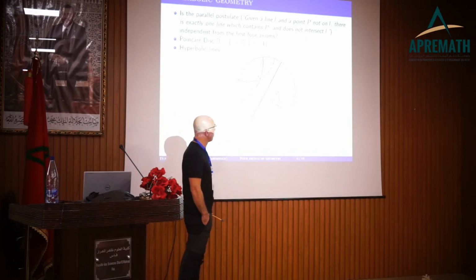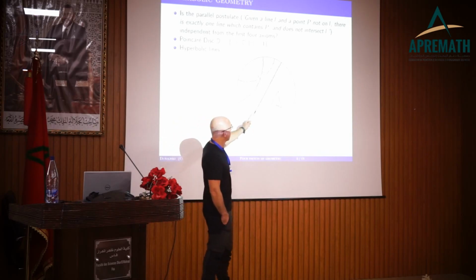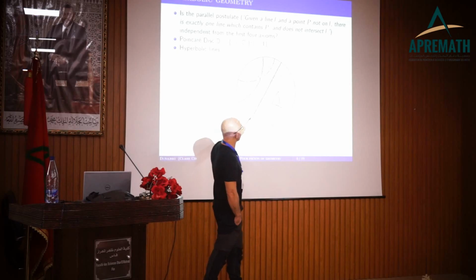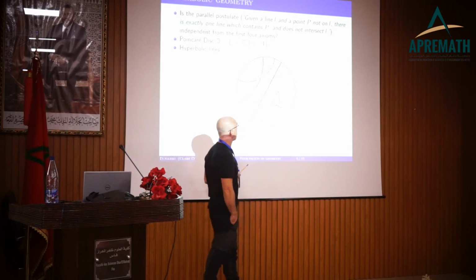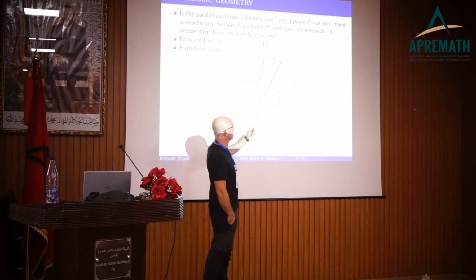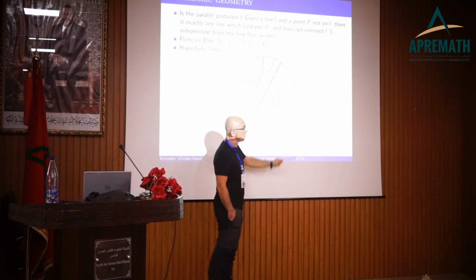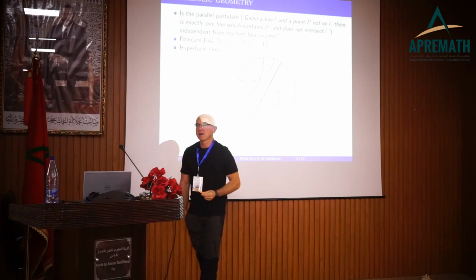If the 2 points we want to connect are on a diameter of the disk, then the hyperbolic line connecting them is part of the diameter itself. So all the diameters through the center are hyperbolic lines.